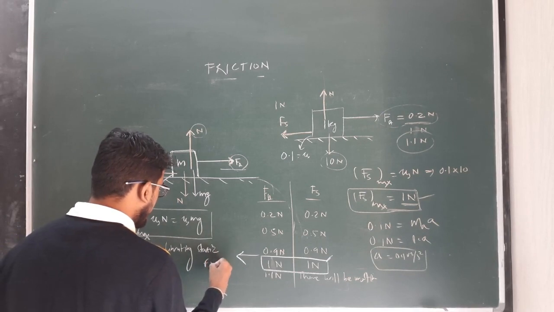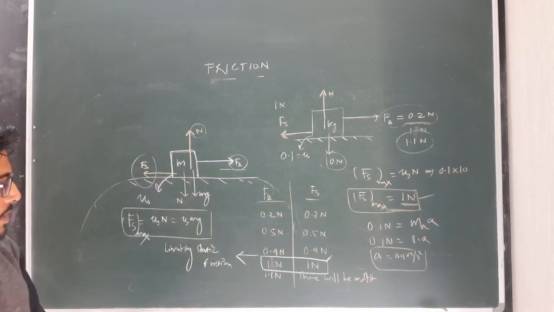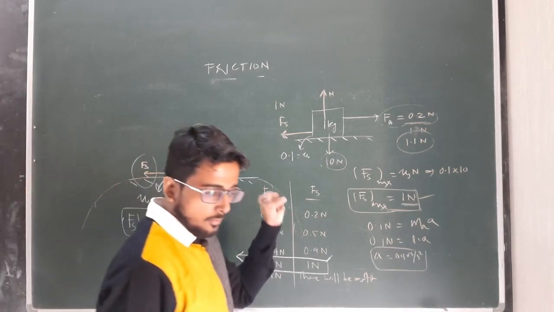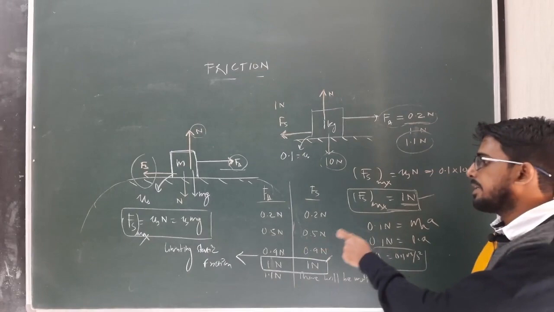So the maximum possibility of the static friction, that particular value, is known as limiting static friction.